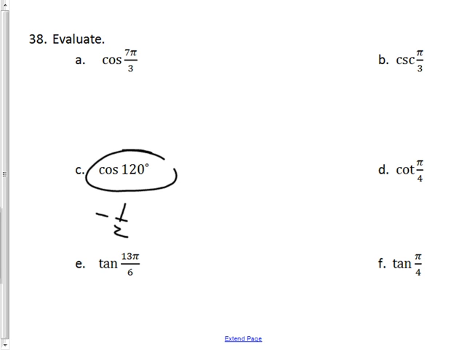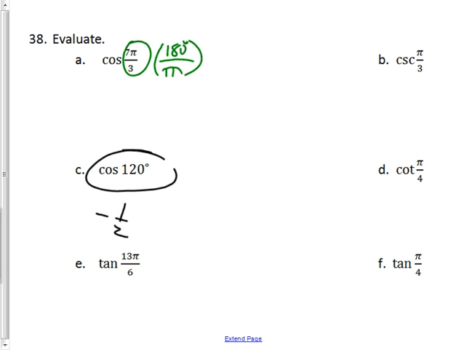What if it's like this? I would put my calculator into radian mode, and then I would put in 7 times pi, divide by 3 in a parenthesis, and I'd just do it that way if I was in radian mode. Otherwise, if you really must use degrees, change this to degrees first by multiplying by some fraction involving pi and 180. If I want to turn it into degrees, I'd want the degrees on top.